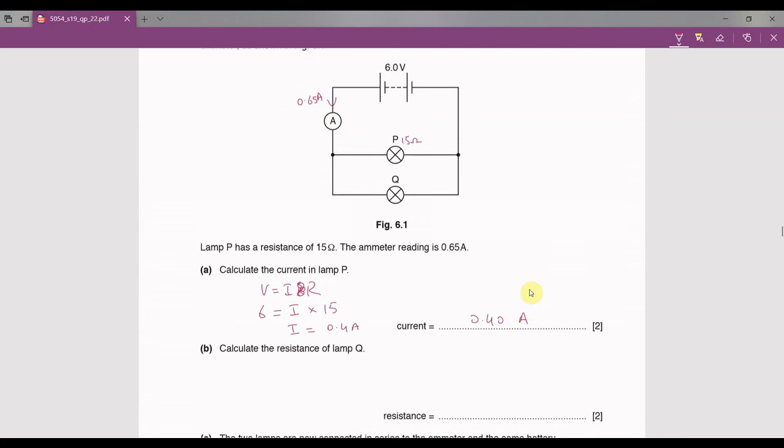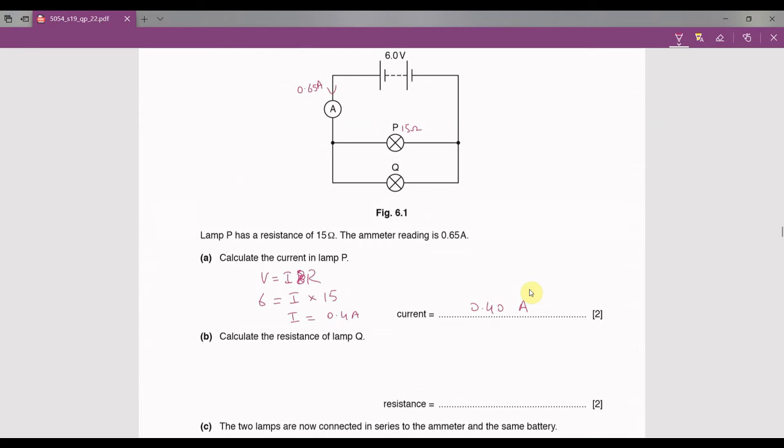Calculate the resistance of lamp Q now. If 0.4 amperes of current have gone to this branch, the remaining current would have gone to the other branch. So let's calculate this first. What is the current through lamp Q? That can be calculated by subtracting the current of lamp P from the total current. So 0.65 minus 0.40 gives you 0.25 amperes.